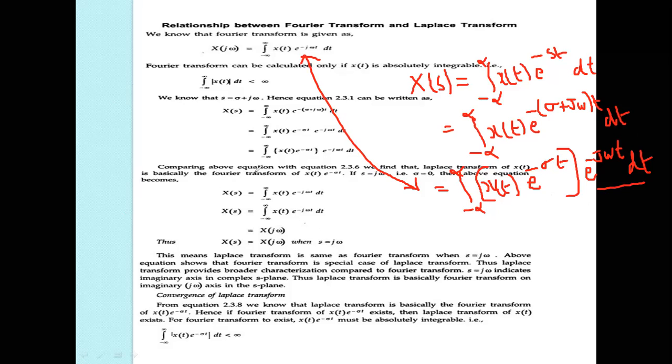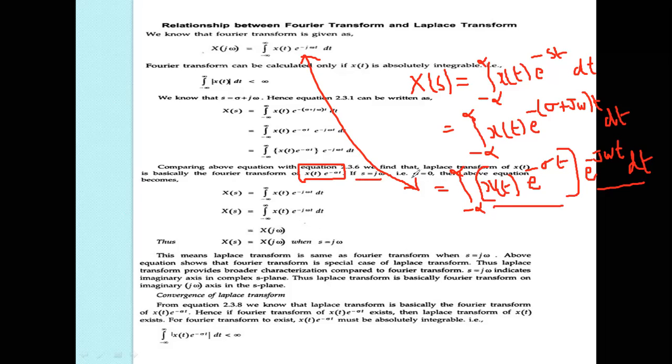Comparing the above equation with 2.6, we find the Laplace transformation of x(t) is basically the Fourier transformation of the signal x(t) e^(−σt).